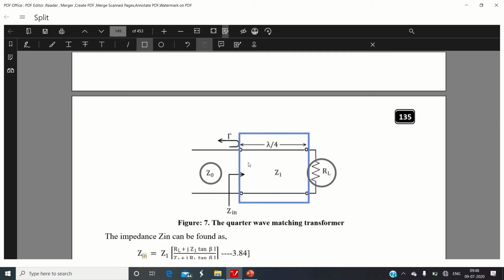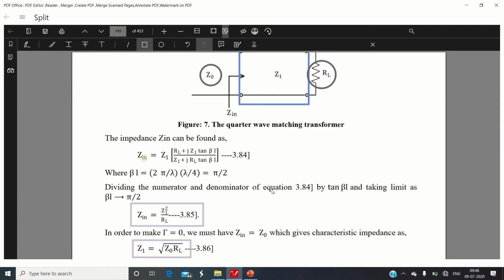But please remember that this particular arrangement, though it ensures that reflection is going to be 0 on the main transmission line, there could be a possibility of having the standing wave ratio on the quarter wave transformer itself, right?